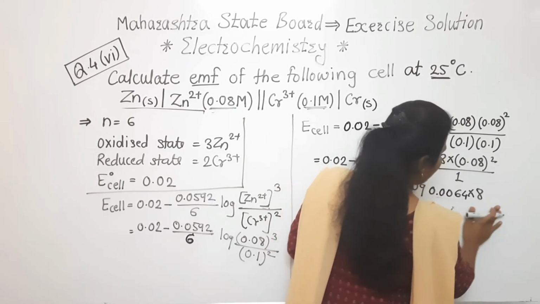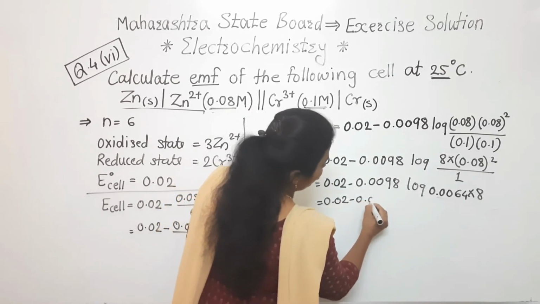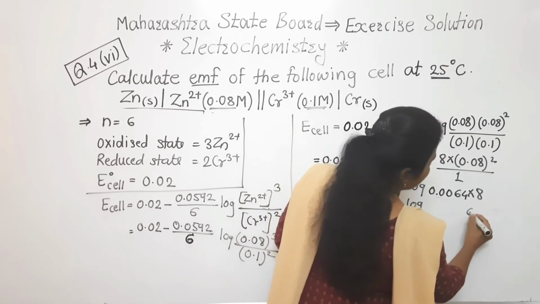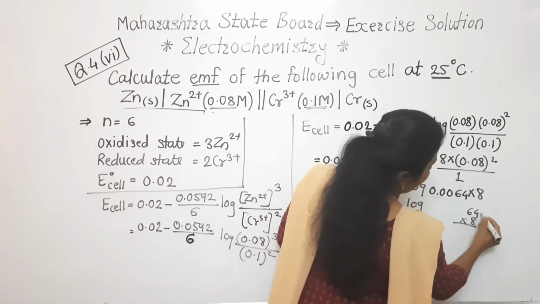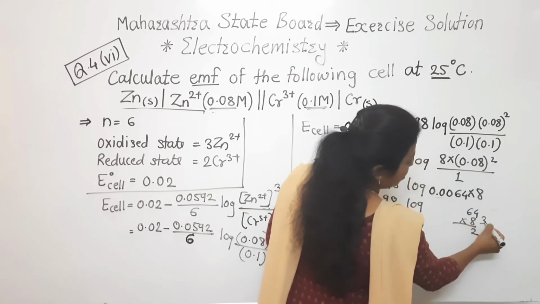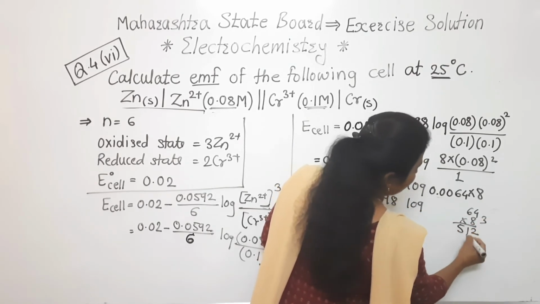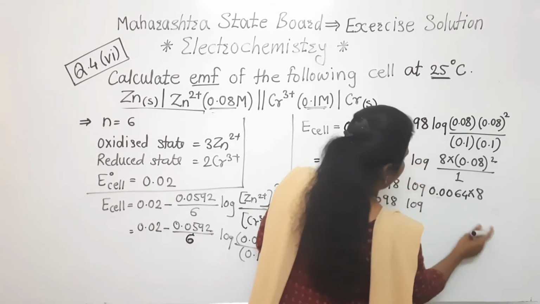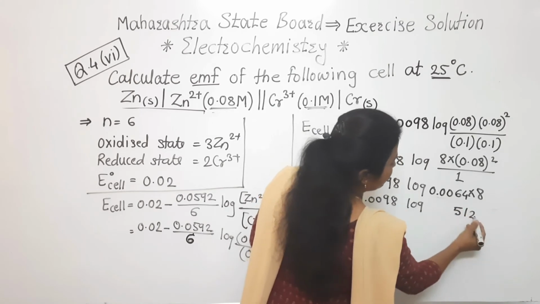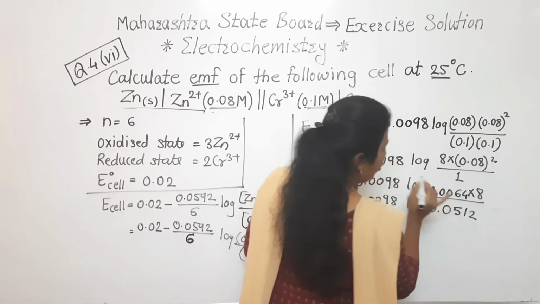So equal to 0.02 minus 0.0098 log of 64 into 8: 8 4s are 32, 6 8s are 48, 48 plus 3 is 51, means 512, and the decimal will be after 4, means 1 2 3 4. This is the multiplication of this one.